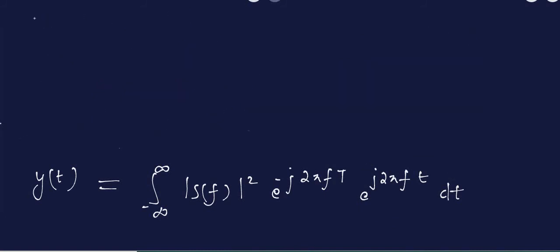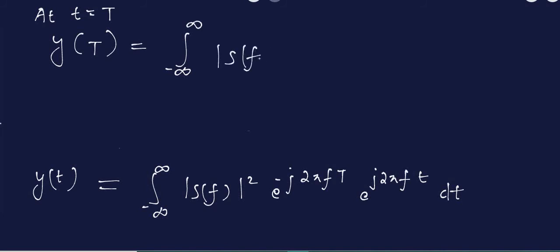Now because I am sampling at t equal to capital T, I can put the value in y(t), and this will give me the value of y(T) as the integral from minus infinity to infinity of |S(f)| square df, which is nothing but the energy of the signal.